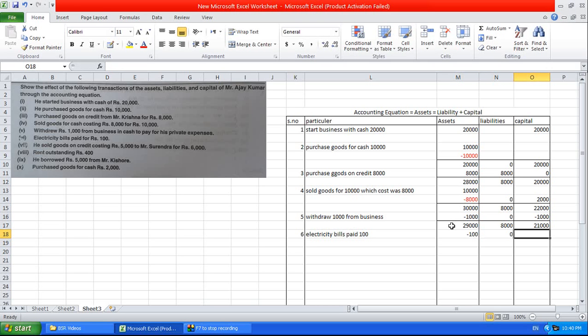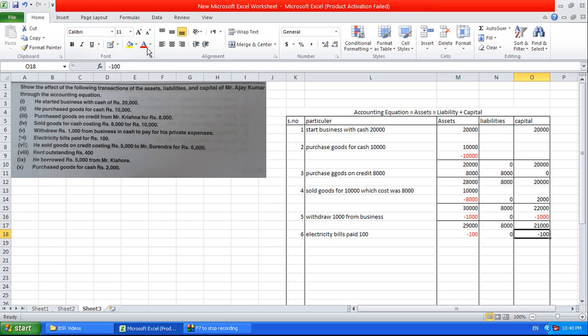If the electricity bill of 100 rupees is paid, then from profit it should be less, because electricity is an indirect expense, and from profit that indirect expense should be reduced. Profit will be reduced. Okay, so this minus amount should be in red, so we get easy understanding.